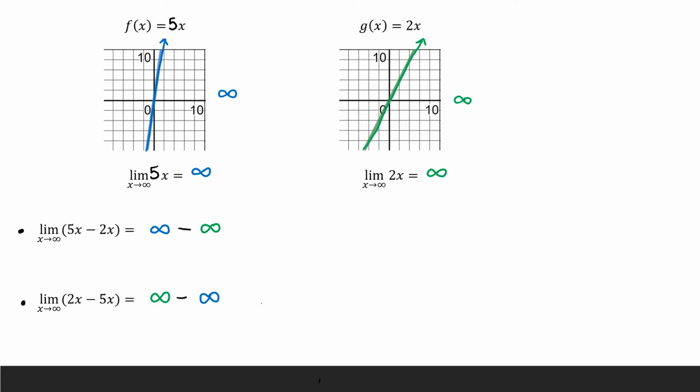If we take a look at this 5x minus 2x and try to simplify that, because we can follow the order of operations as well, 5x minus 2x is equal to 3x.